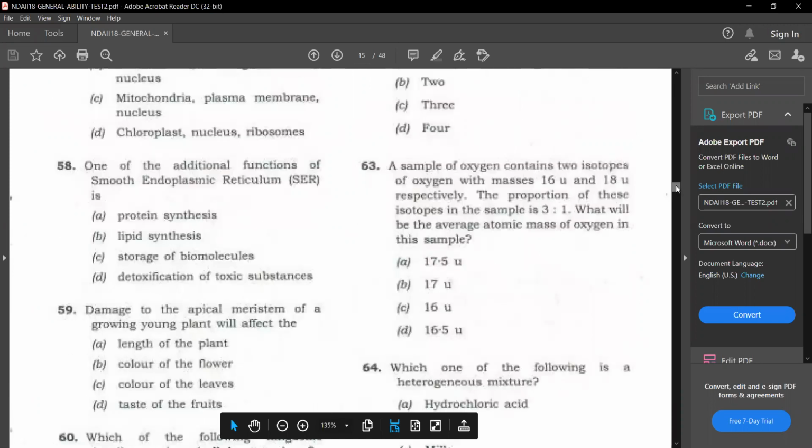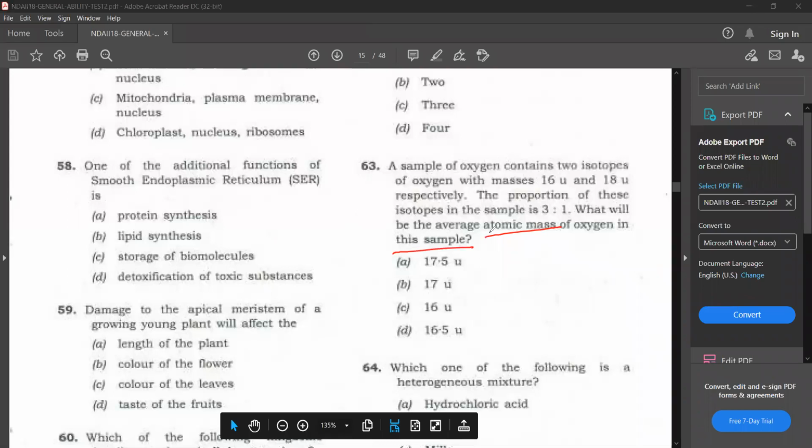Next question. A sample of oxygen consists of 2 isotopes of oxygen with masses 16 units and 18 units respectively. The proportion of these isotopes in the sample is 3:1. What will be the average atomic mass of oxygen in this sample?